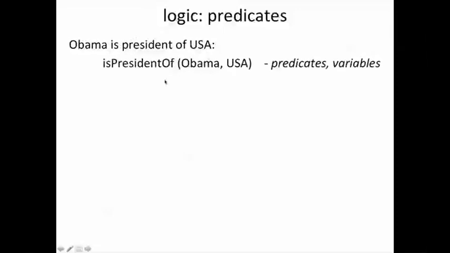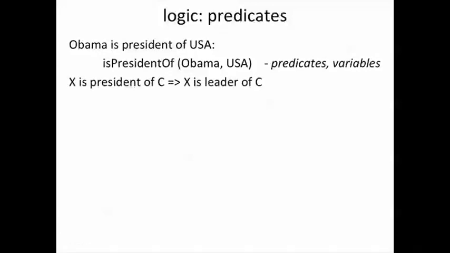Now this is a rather tricky notation, but all we're saying is that we have variables which are entities, like Obama and USA, and we have predicates, which are relationships between these variables or entities.